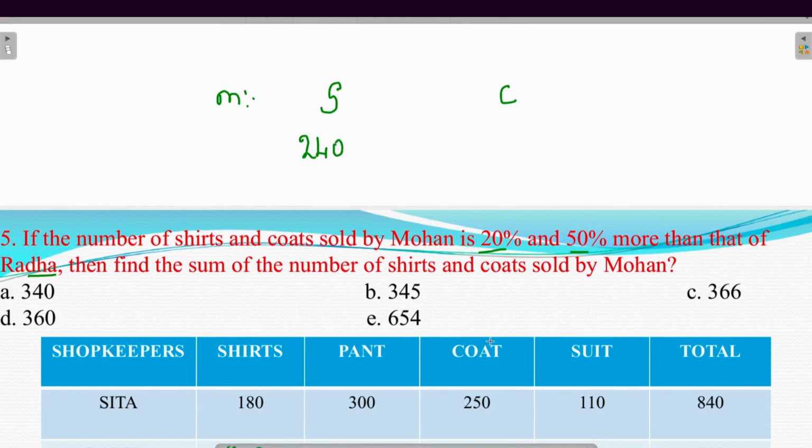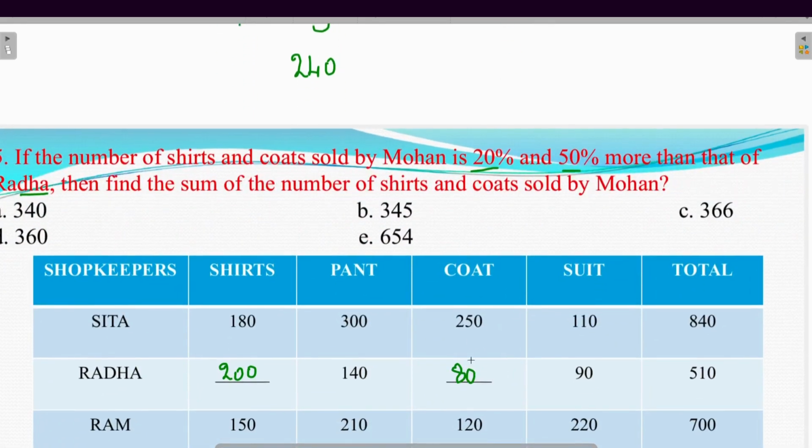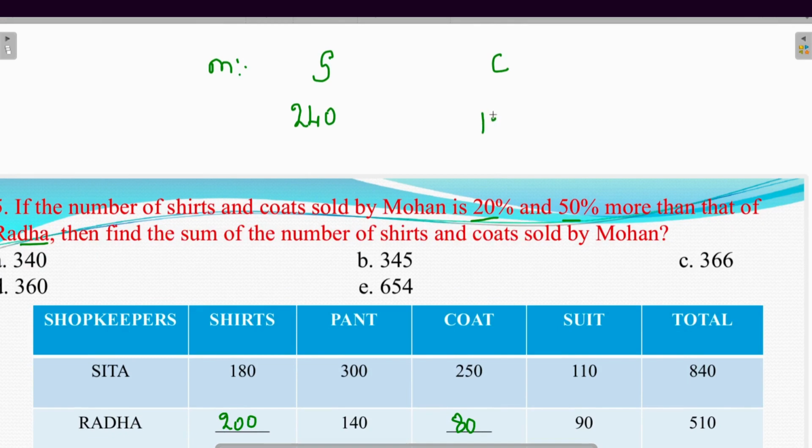Then 50% more: Radha's coats are 80, 50% more means 40 more, which means 120. Then find the sum of the number of shirts and coats sold by Mohan, which means the total will be 360. Your answer will be 360.